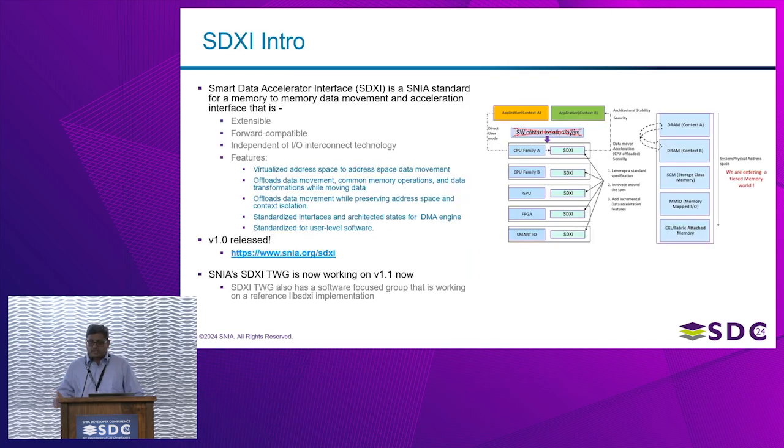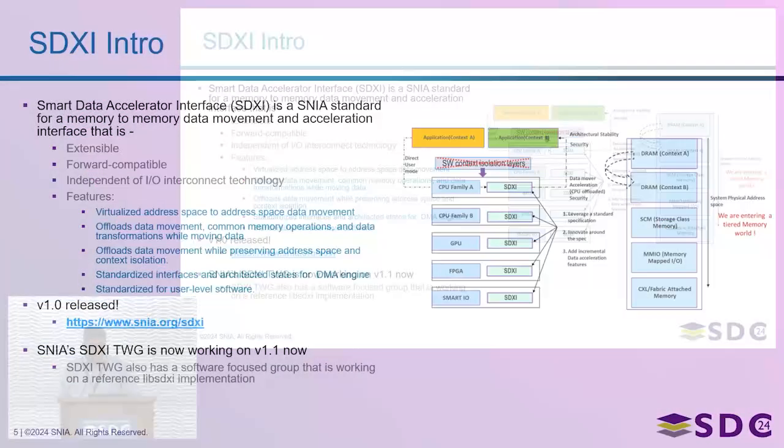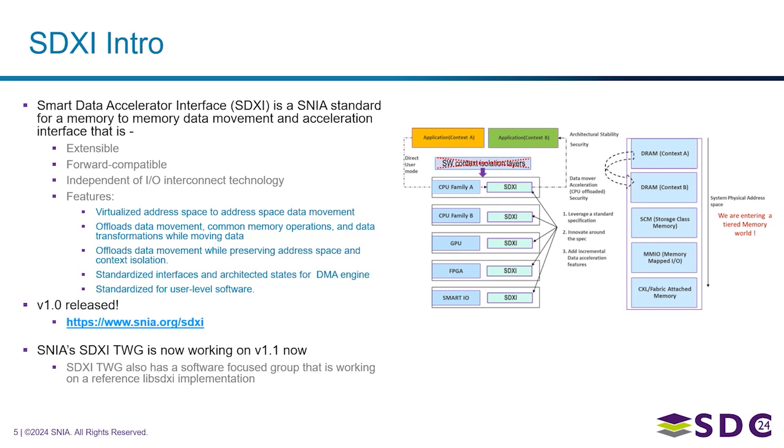So this is a standard that has been architected to be extensible, forward compatible, and independent of I/O interconnect technology. You can do address space to address space data movement, and you can also have very architected states of how to do the data movement and where it stops and coalesces or resumes from it, because it's very important.